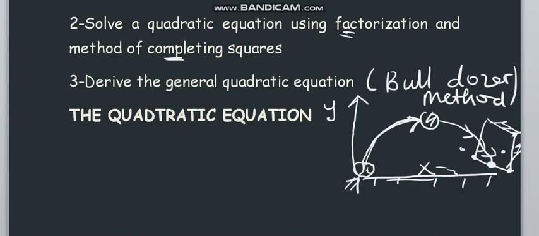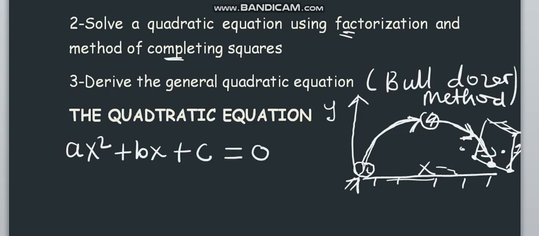So we shall see that this ball followed a path that is described by a quadratic equation. The quadratic equation is defined by ax² plus bx plus c equals 0. This is a, this is b, and this is c, the coefficients which we've talked about.